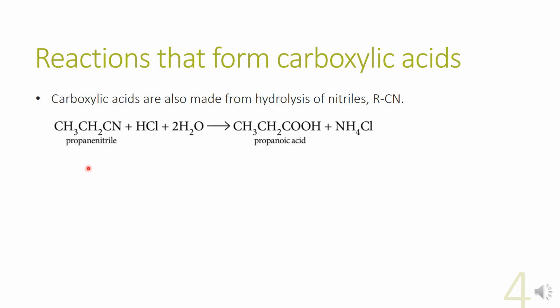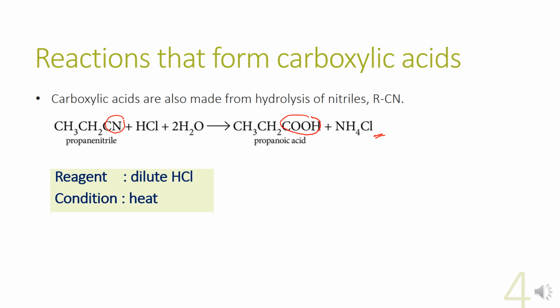The propanenitrile reacts with water under acidic conditions. So the CN group will become COOH. So the group is changed, and it also produces a side product, ammonium chloride.